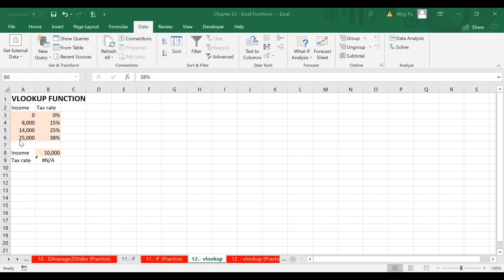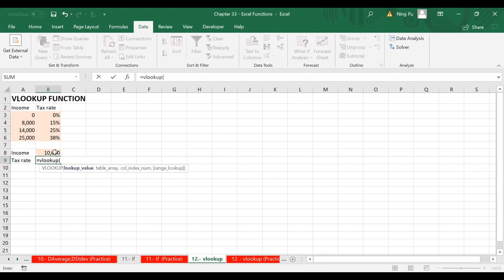But if you earn annual income of a minimum of $25,000 or more, then you pay 38%. In this case, we earn $10,000, which falls between 8,000 and 14,000, and therefore our marginal tax rate should be 15%. Now we can use Vlookup to look up this value.